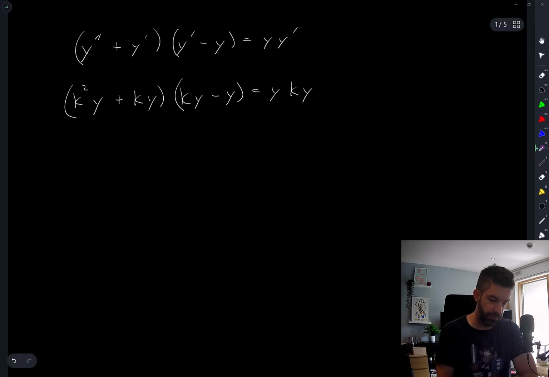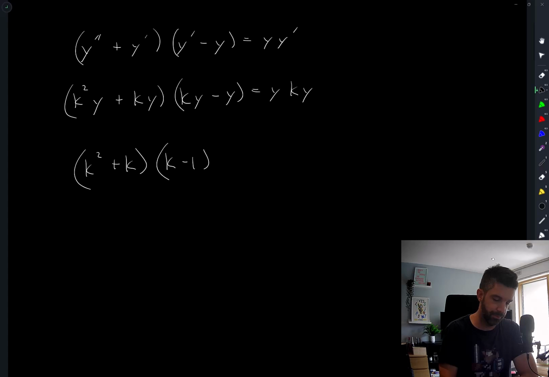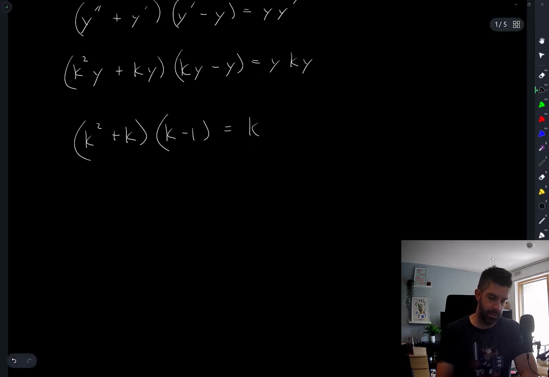So we can factor a y out from that, and we have two y's there which can be cancelled. So this becomes k squared plus k times k minus 1 is equal to k.